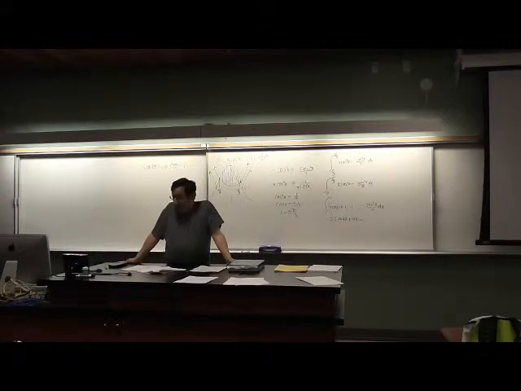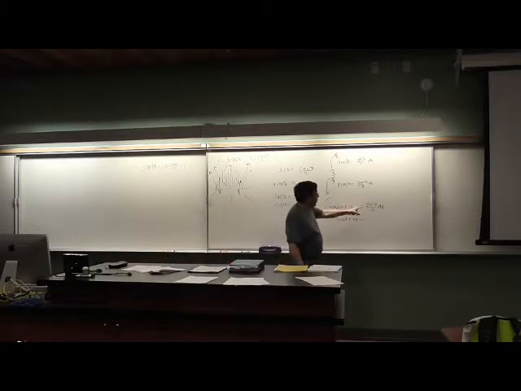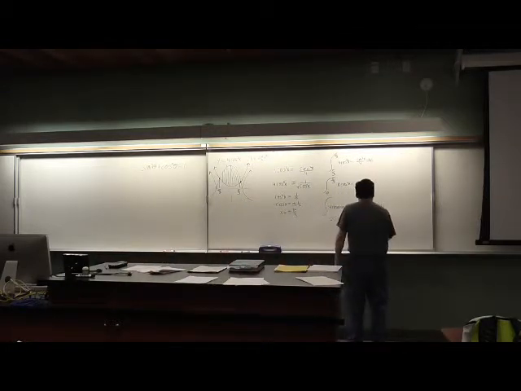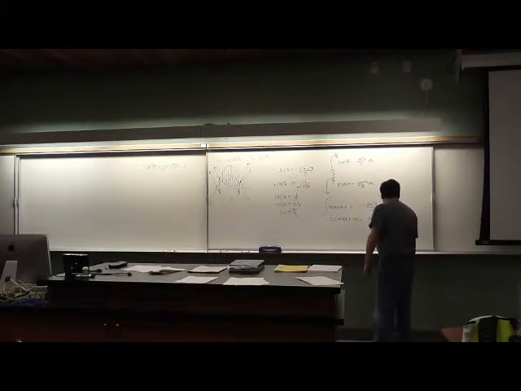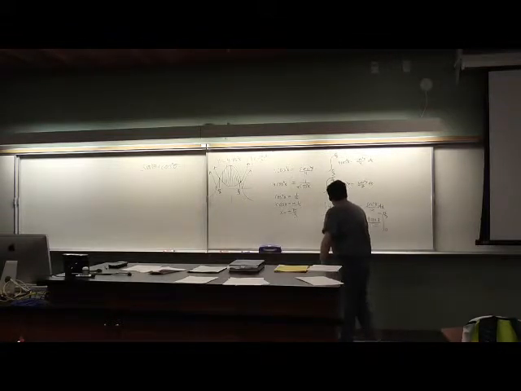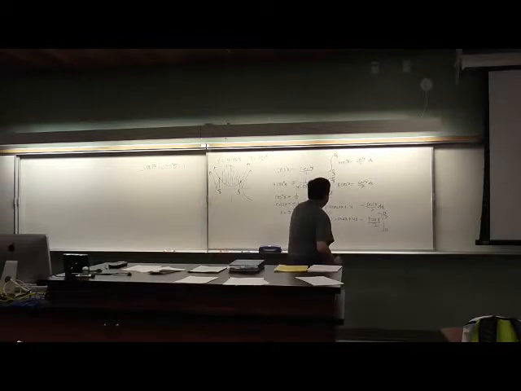What's the derivative of the tangent? Secant squared. Yeah. So obviously the antiderivative is just tangent. And our limits here are 0 to pi over 3. Okay. So we're almost done.